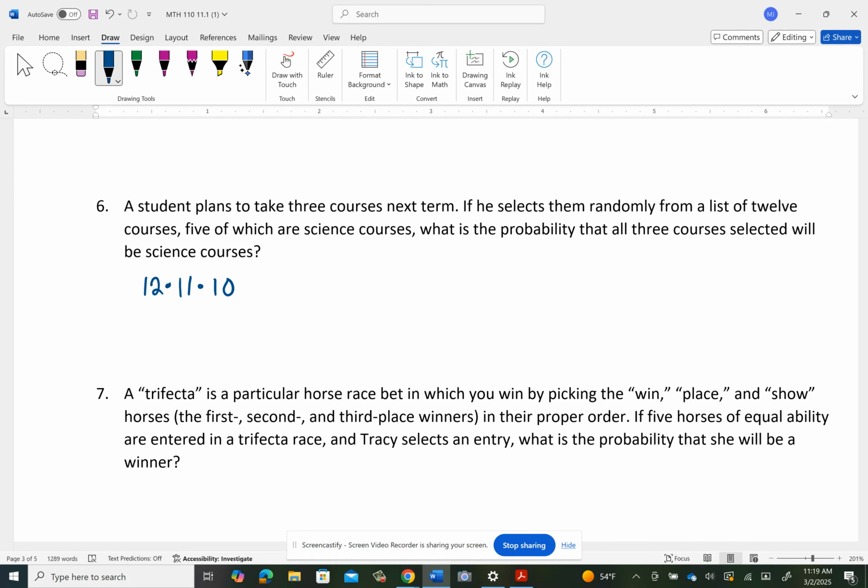Now, when we do it like that, then you're looking at like science, maybe it's biology, chemistry, physics. When you write it this way, that's like making it where if you did biology, chemistry, physics versus physics, chemistry, biology, those would be counted as separate things.